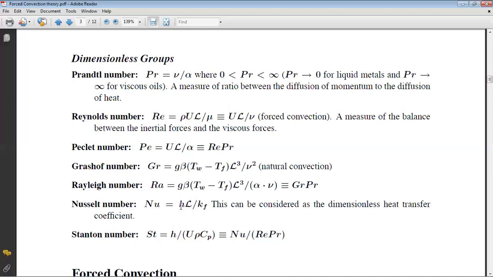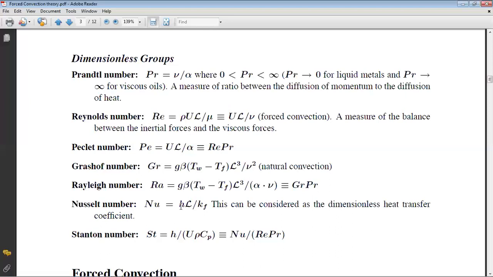In this topic, the major numericals will involve the calculation of heat transfer coefficient for different conditions. It could be internal flow, it could be external flow, it could be laminar, it could be turbulent.